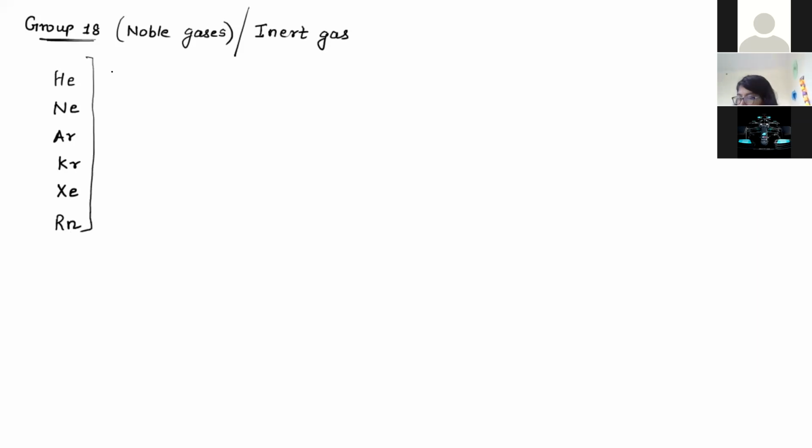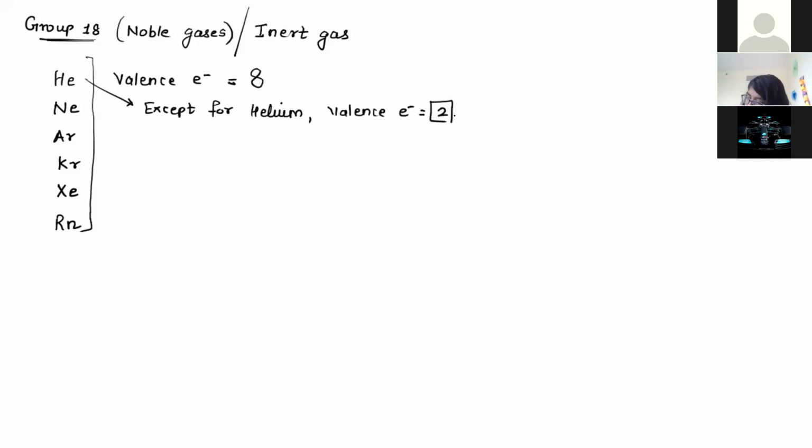All these elements will have valence electrons. How many? If they are in group 18, valence electrons will be 8, except for helium, whose valence electrons are 2, because it has only 2 electrons.